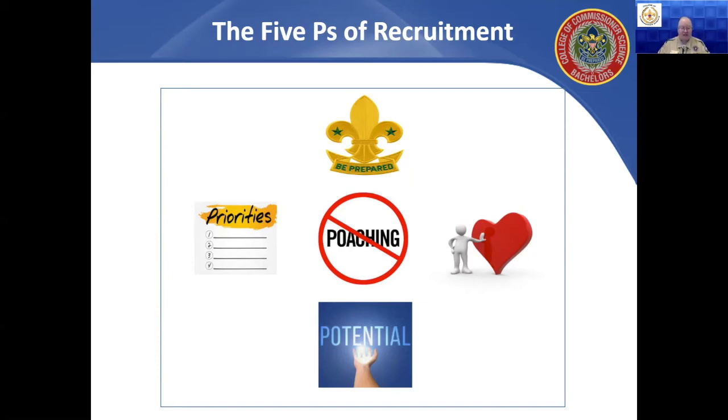Talking about potential. We've mentioned passion and understanding what that's about. Potential is very different. It's possible for someone to be passionate about something that they're not very good at.